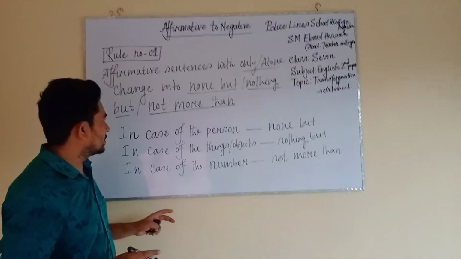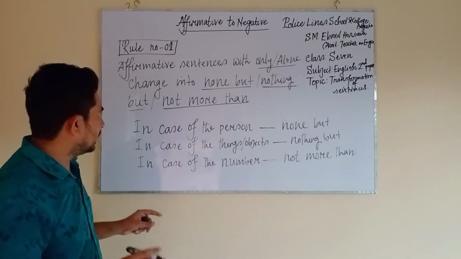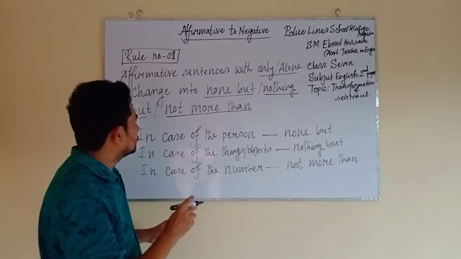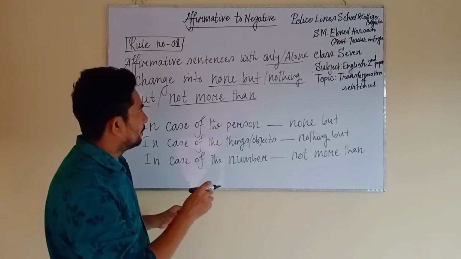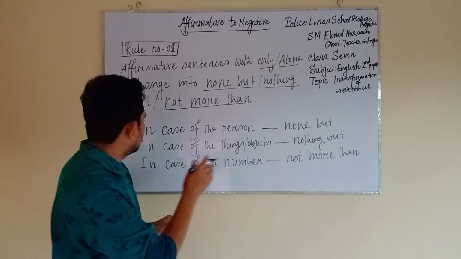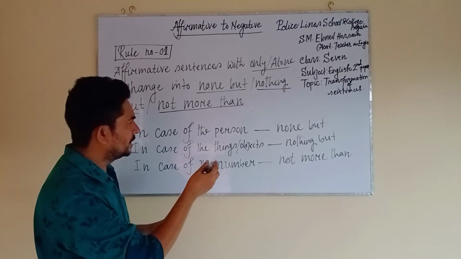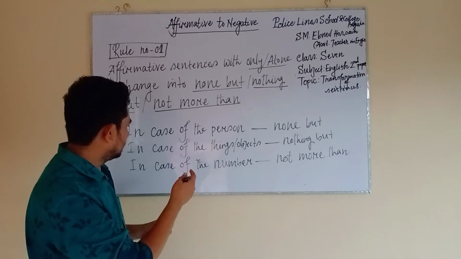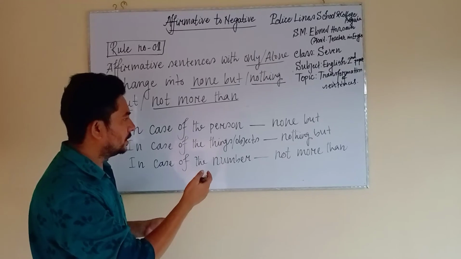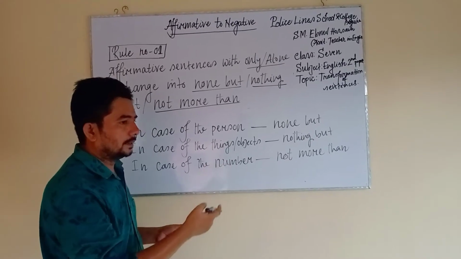Here notice that if in case of the person we can use none but, and in case of the things or object we use nothing but, and in case of the number we use not more than.